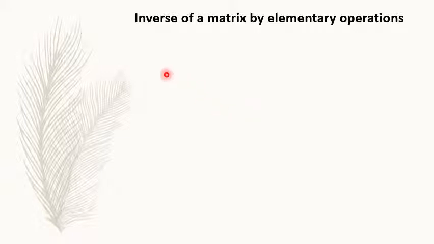So we saw the inverse of a matrix. We defined the inverse of a matrix. Now our task is how to find the inverse of a matrix. Suppose a matrix A is given and there exists a matrix B such that AB equal to BA equal to the identity matrix I, then B is the inverse of A. But how to find that matrix B?